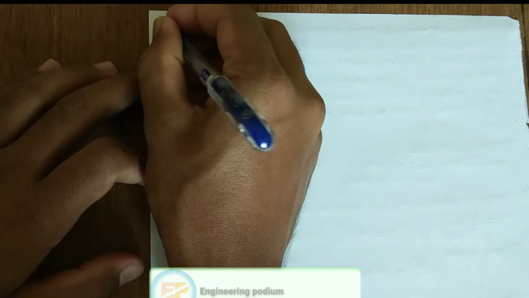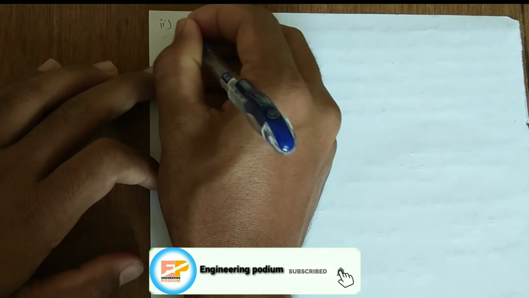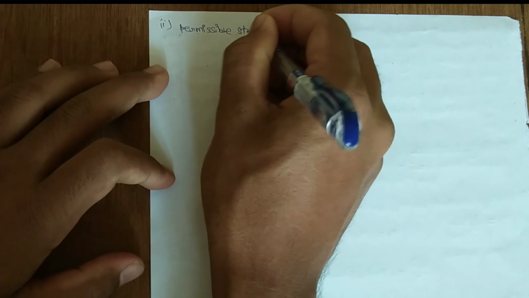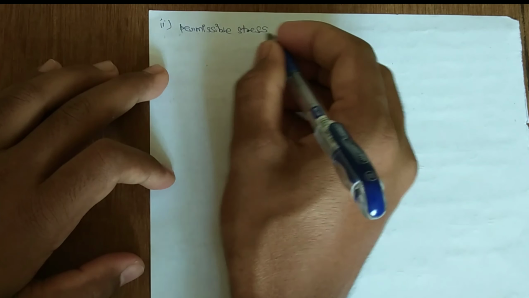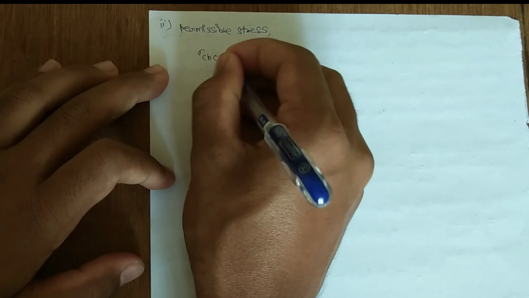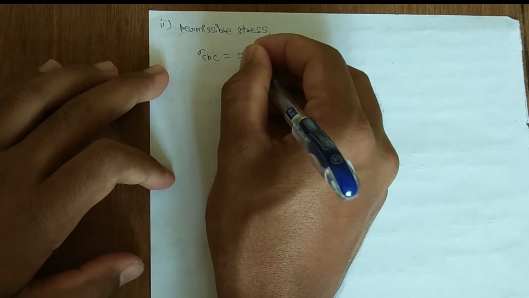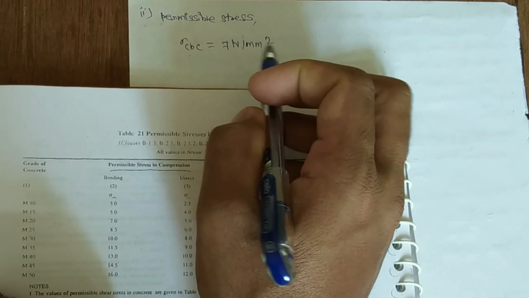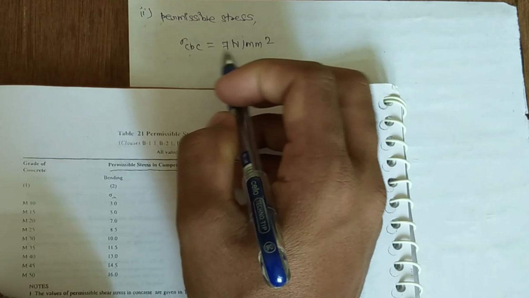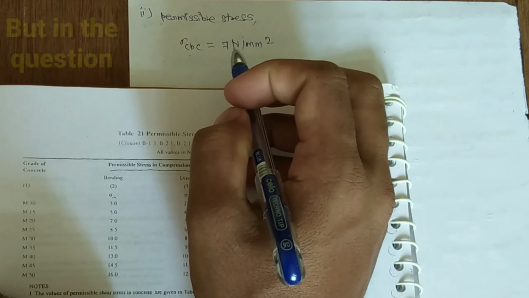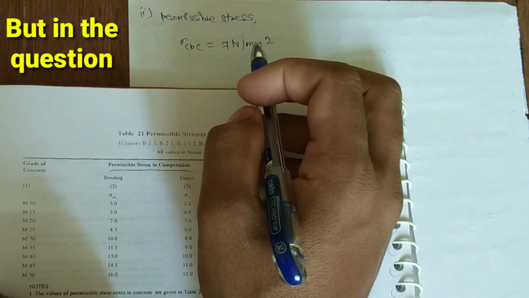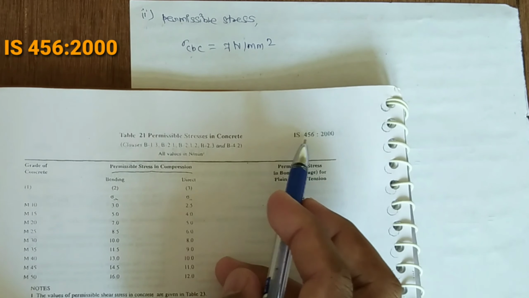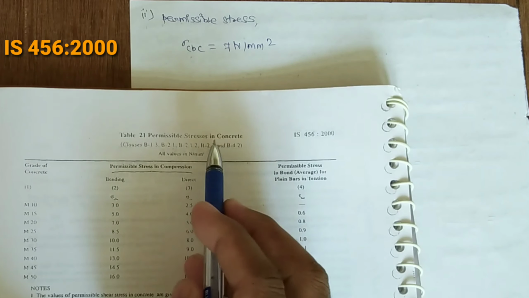Next we have to calculate the permissible stress. Permissible stress sigma cbc is equal to 7 Newton per mm square. To get this value, we have to look in IS code 456 2000, since it is asking M20 grade concrete and Fe415 steel. This is the code book, IS 456 2000, permissible stress in concrete.